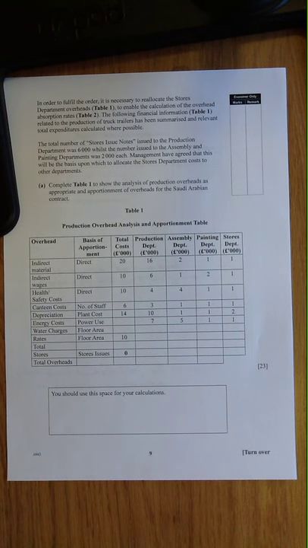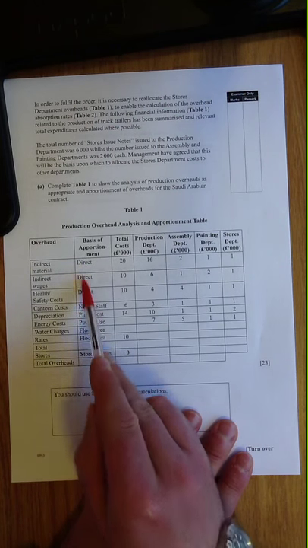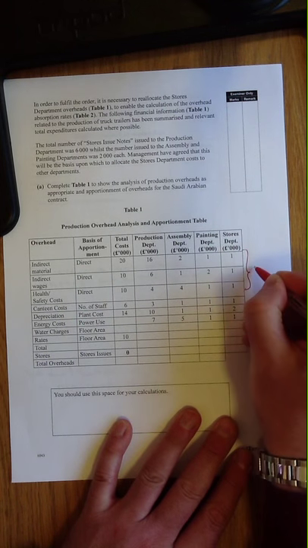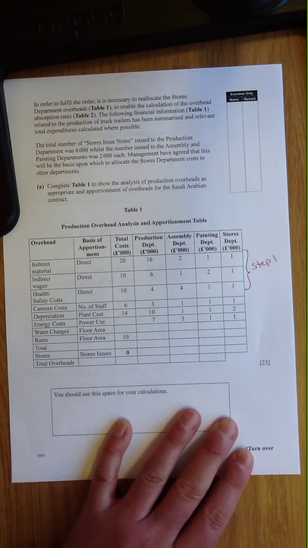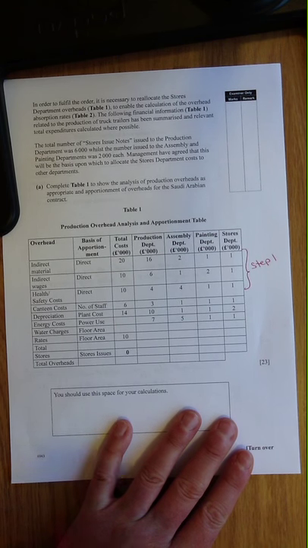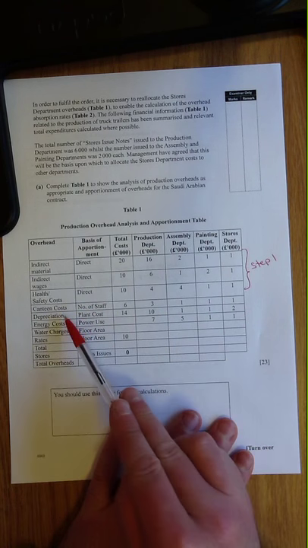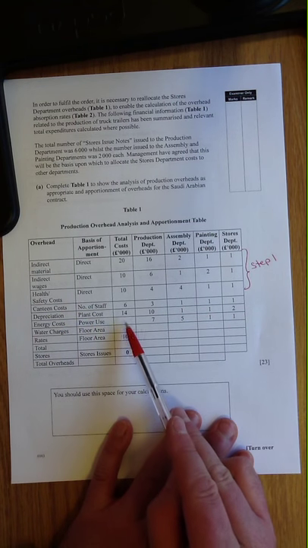In this question here, let us see what has been done so far. Well, step 1 has been completed because we can see the direct costs have been allocated. So this is step 1, which has been done. Then step 2 is where you allocate the indirect costs. We can see that canteen costs have been allocated, depreciation has been allocated, but we're starting here at the energy costs.